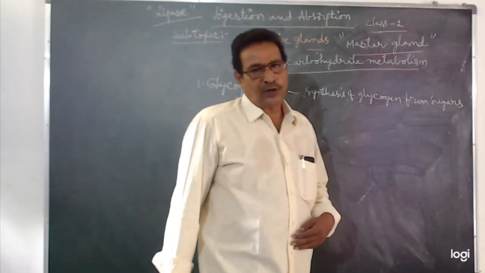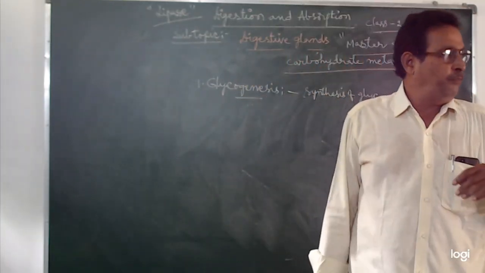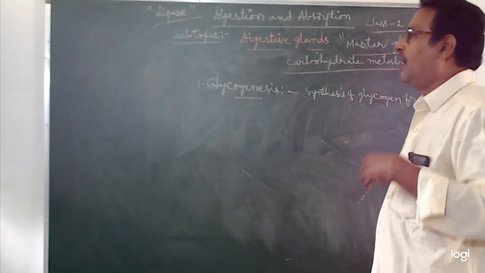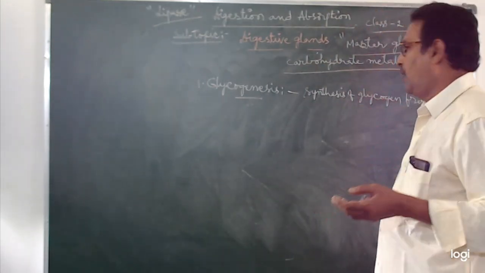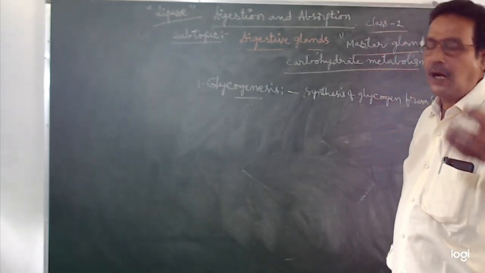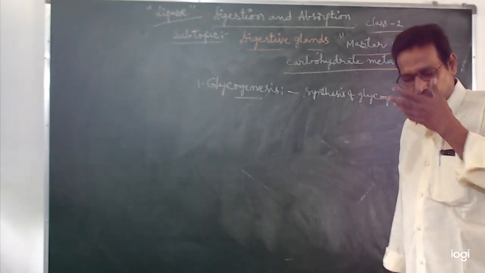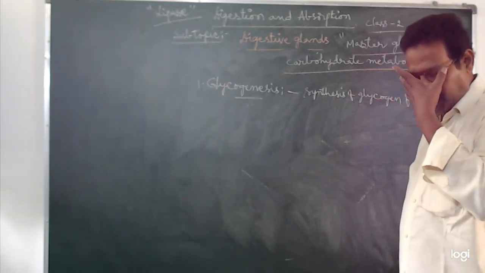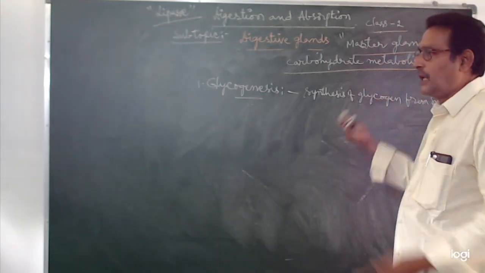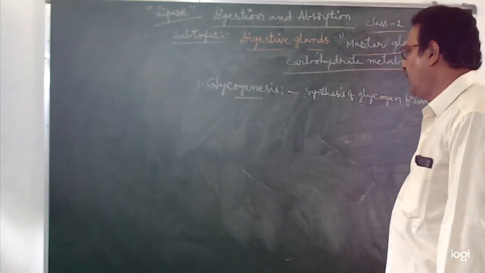The excess of sugar in our blood is carried to the liver, where by the influence of a hormone called insulin, that sugar is converted to glycogen and stored in the liver.